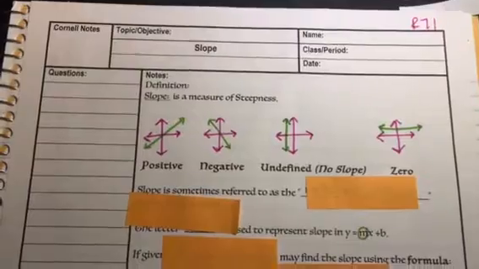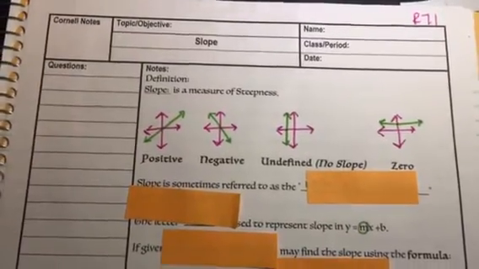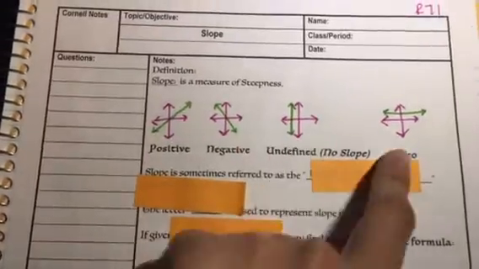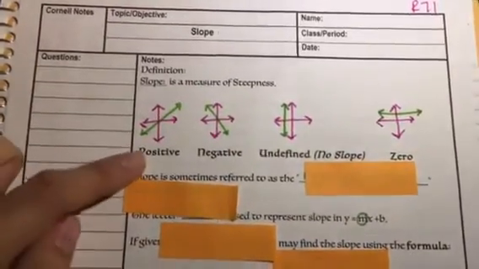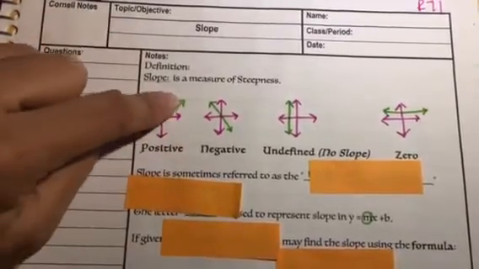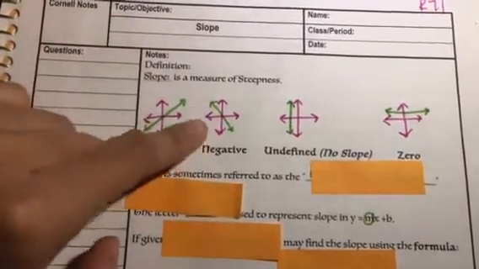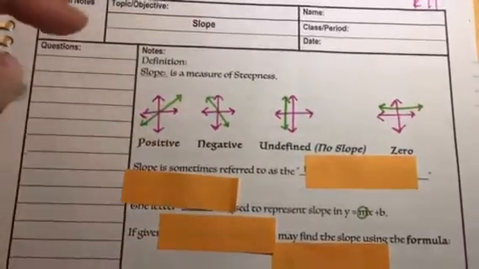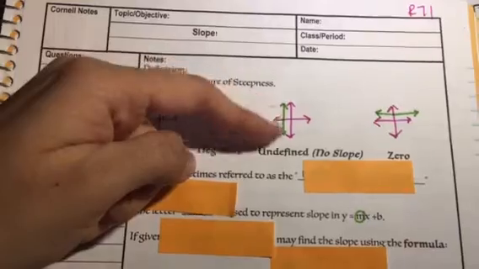Okay, so the last thing we were talking about was that slope is a measure of steepness. So we talked about the different kinds of slopes that you would see. Here we have a positive slope because from left to right, the line is increasing. And this is a negative slope because from left to right, the line is decreasing. And then you have the vertical lines.